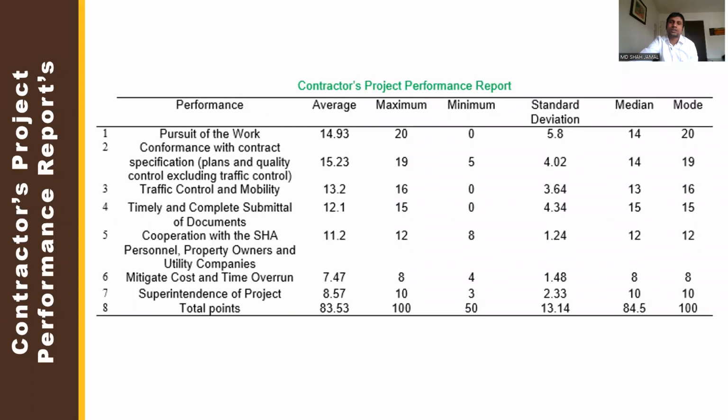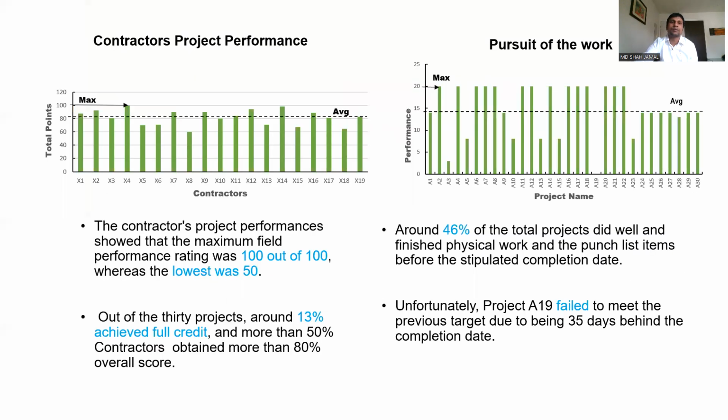Here is the summary of the contractor's project performance report, and the 7 different factors were pursuit of the work, conformance with contract specification, plans and quality control excluding traffic control and mobility, timely and complete submittal of documents, cooperation with the state highway agency personnel, property owners and utility companies, mitigate cost and time overrun, and superintendence of project.